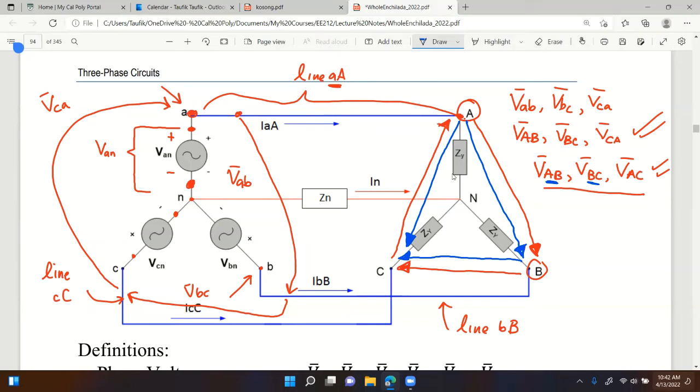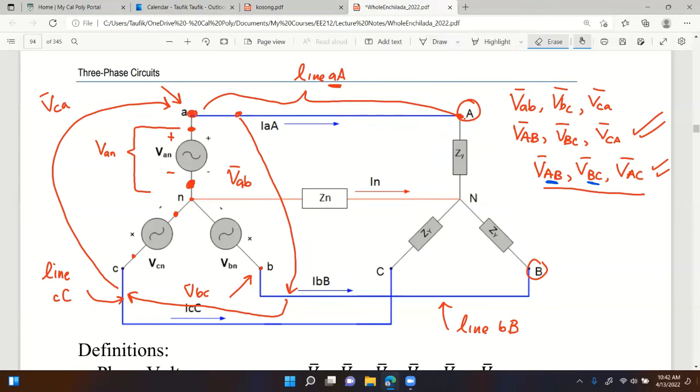In order to be consistent with the other two, this last one should be VCA. If I do VCA, then this arrow goes from C to A, like this, and it is consistent. It forms the closed loop. Does that make sense? Any question on this?